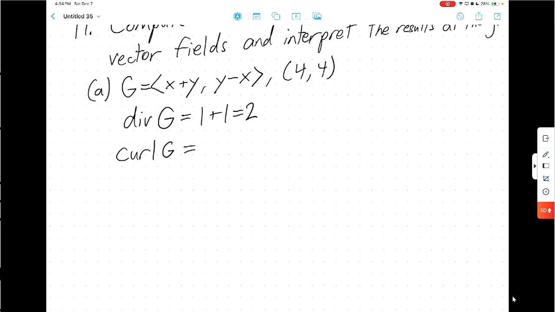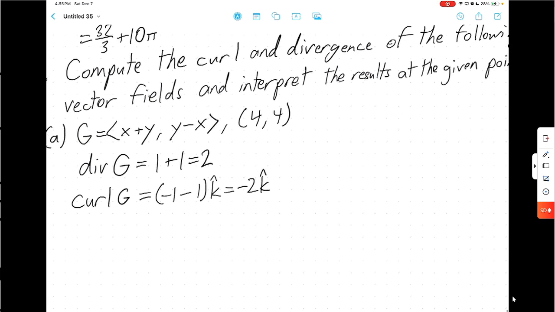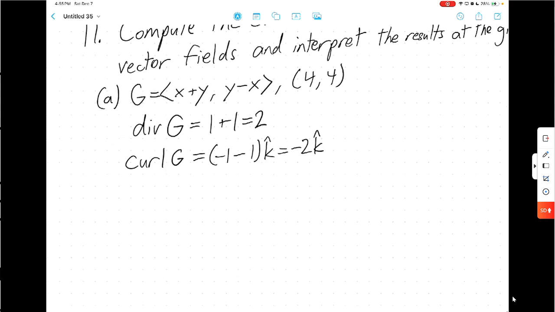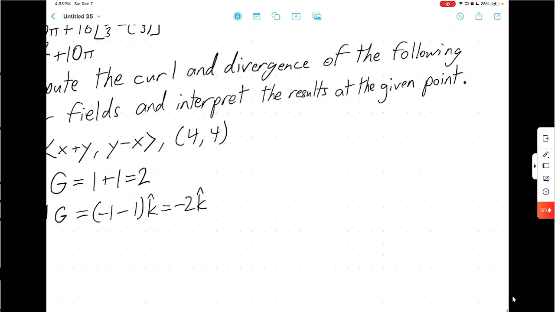Curl of g, which I think is just going to be q x minus p y k, because this is 2D, which is negative 2k. This is going to be regardless of any single point. So that's it.